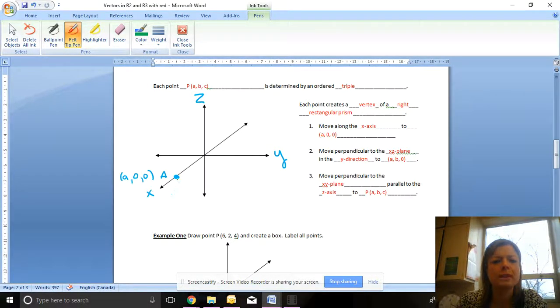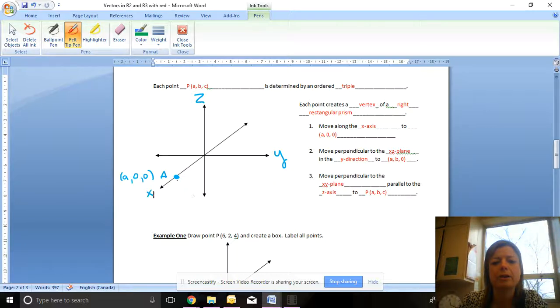Step 2 is now I'm going to move perpendicular to the XZ plane in the Y direction to (A, B, 0). I think about this as you should be moving exactly parallel to the Y axis so that you are perpendicular to the XZ plane. So you might want to change this actually to say parallel to the y-axis. You want to make sure you're going straight out.